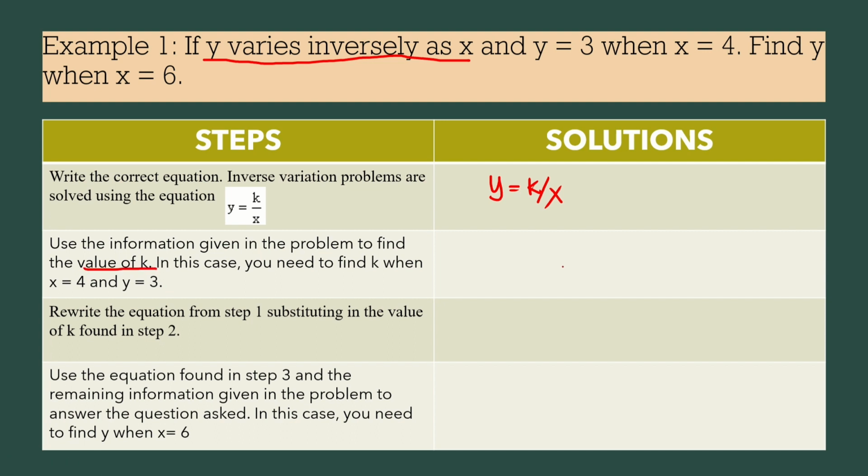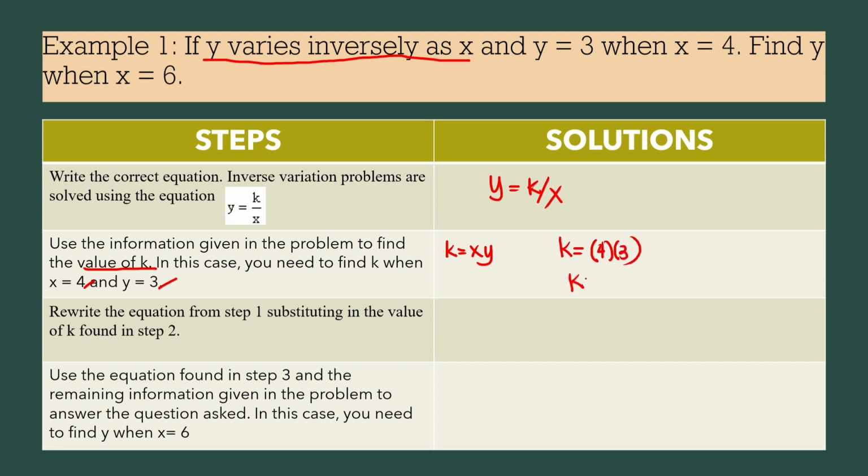Next step is we're going to solve for the value of k. If you still remember in our past lesson, to solve for the constant of variation under inverse, you're going to multiply the two quantities x and y. Here, our x is 4 and our y is equal to 3. So we now obtain the value of our constant by multiplying 4 and 3.